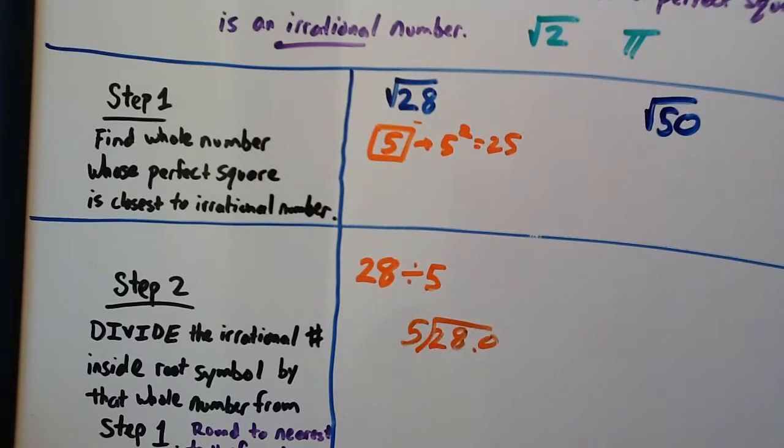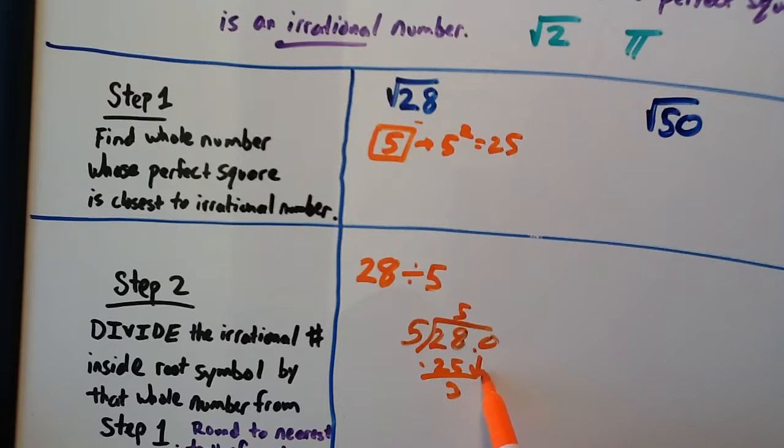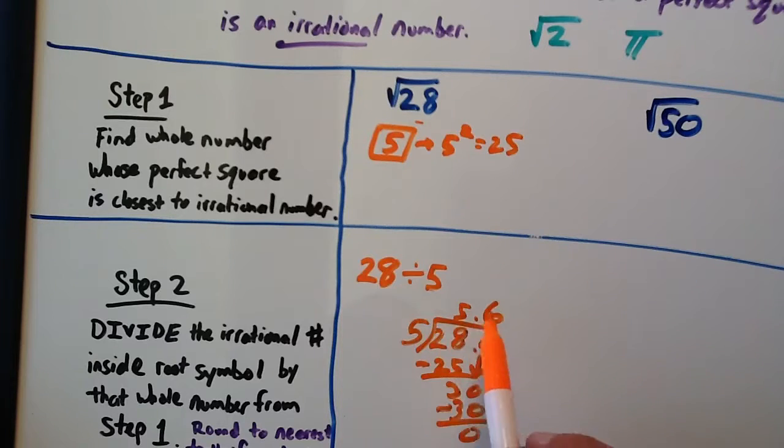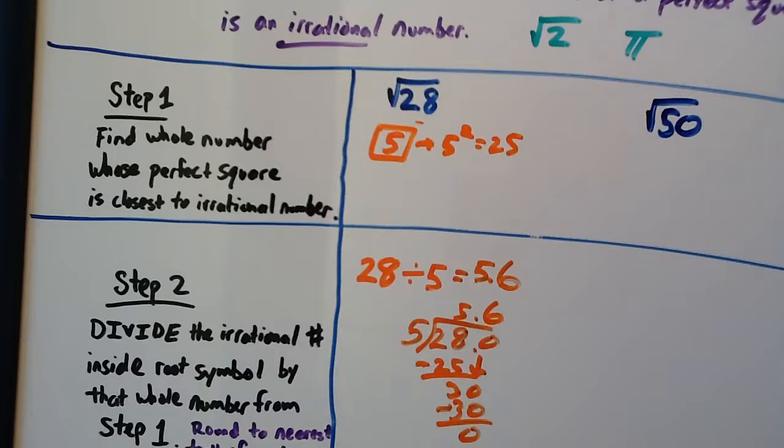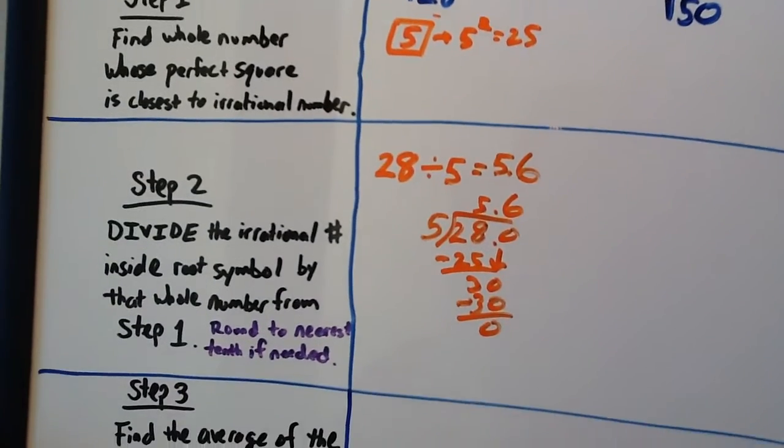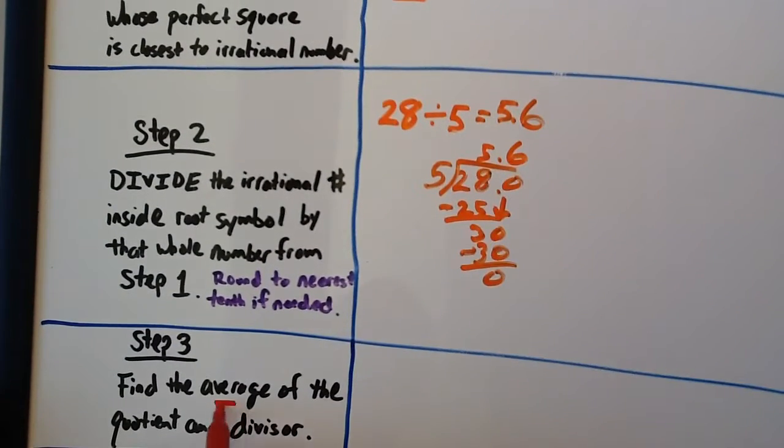We need to add placeholder 0. 5 goes into 28 5 times. 5 times 5 is 25. I subtract, bring down the 0, and 5 goes into 30 exactly 6 times. All right, so we get that 28 divided by 5 is equal to 5.6.